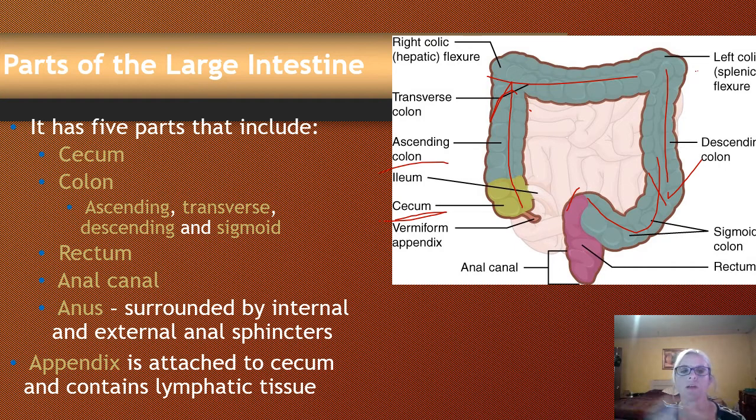That's where the S comes from. Next we have the rectum and the anal canal, all right? At the anus, that is the opening, which is surrounded, of course, by sphincters. We have an internal and an external sphincter there. And then we have the vermiform appendix that is attached to the cecum, and that contains some lymphatic tissue. So it does have an immune system function.